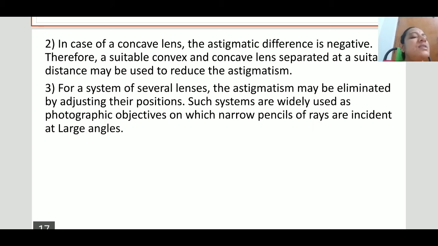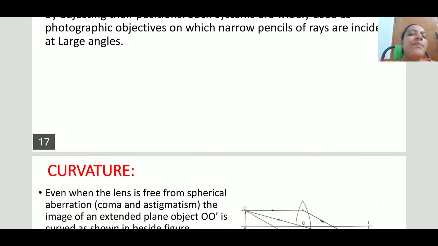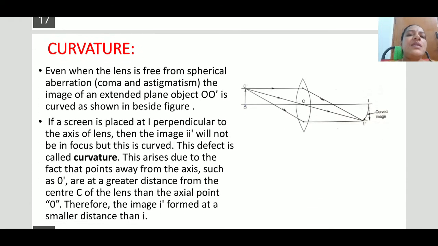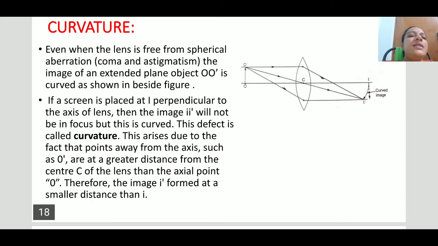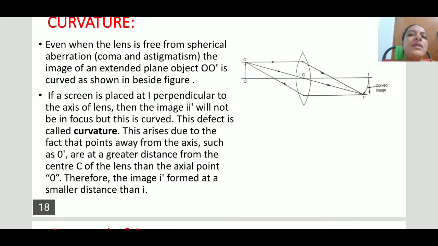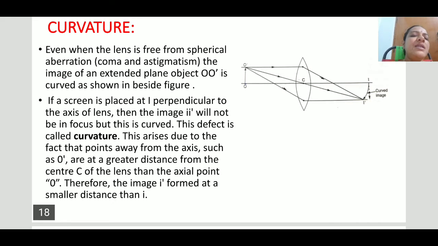These types of systems are widely used in photographic objectives on which narrow pencils of rays are incident at large angles. This is about astigmatism. Next, let us try to understand another aberration, curvature.